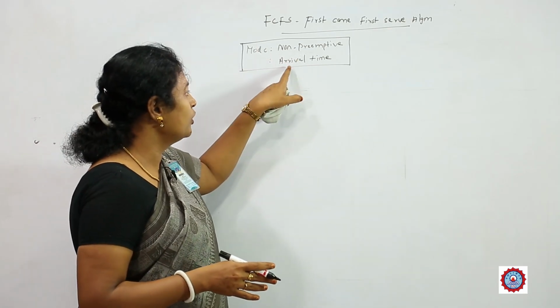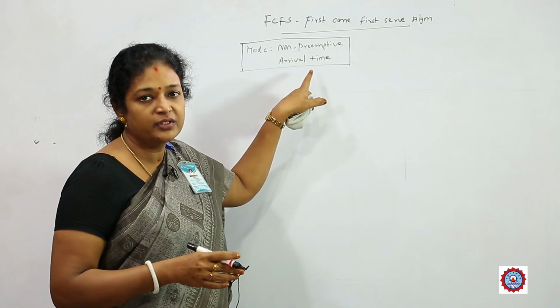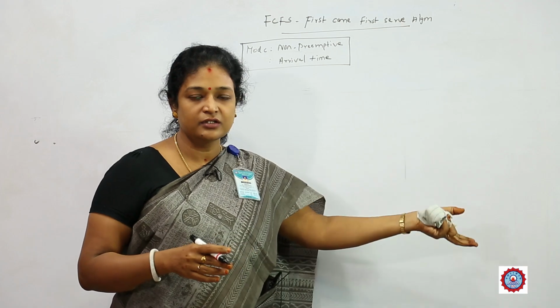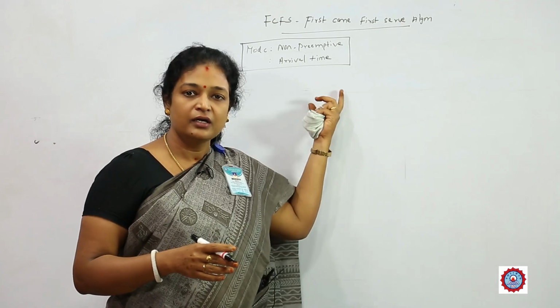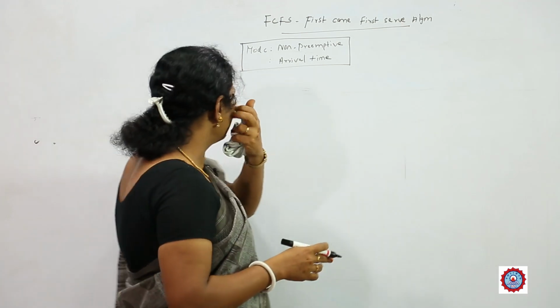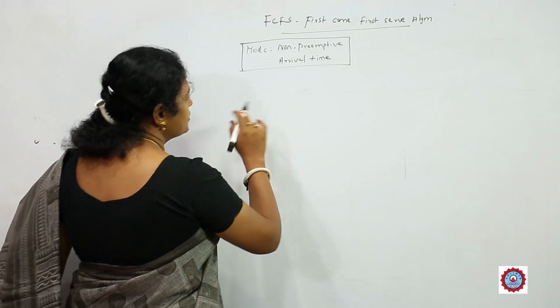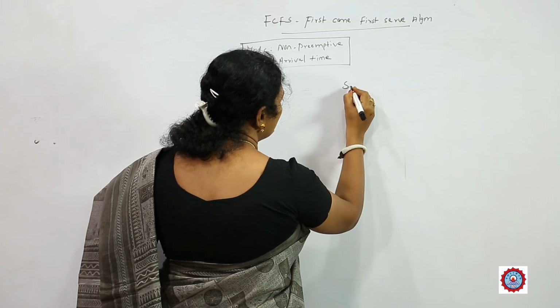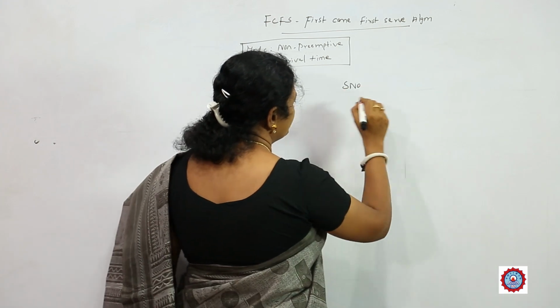So, the mode will be non-preemptive and it is based on the arrival time. Arrival time means whichever process has entered the queue first will be responded to. For all of these, a tabular column will be given to you.